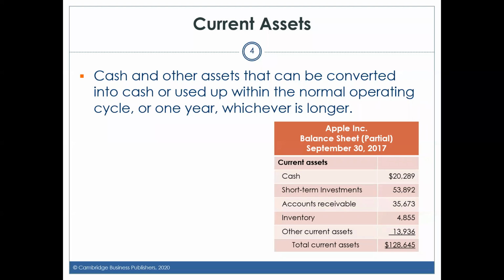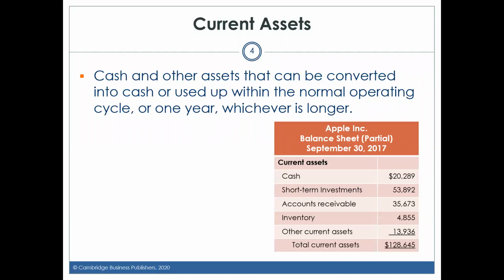So current assets, these are cash and other assets that can be converted to cash or used up within the normal operating cycle or 1 year, whichever is longer. So that's the technical definition of a current asset. But for all intents and purposes, you could rephrase this as cash and other assets that can be converted into cash or used up within a year.